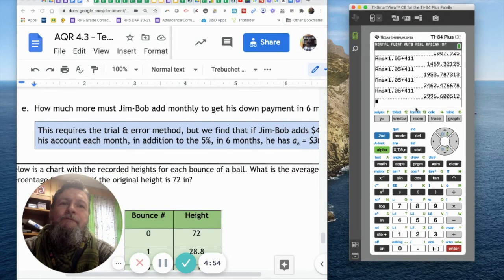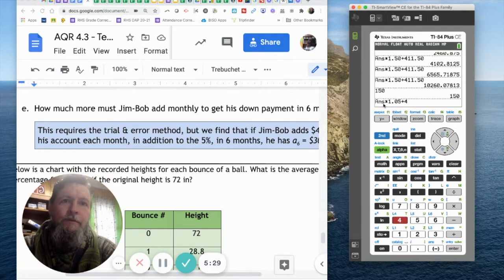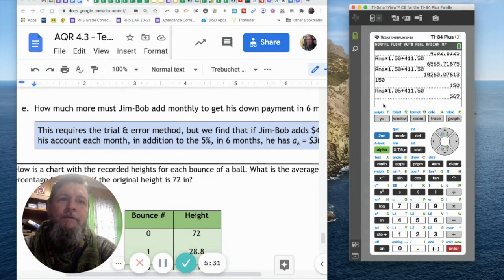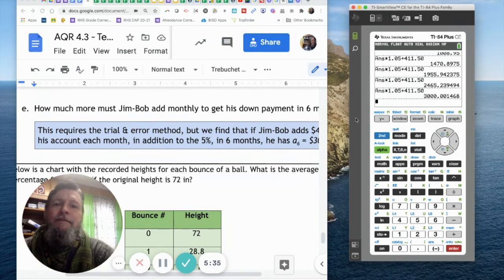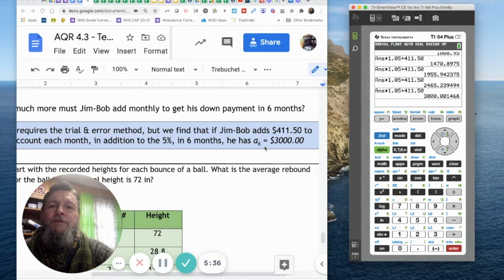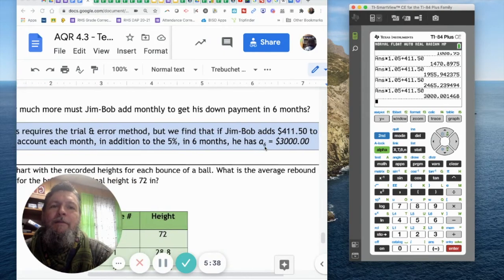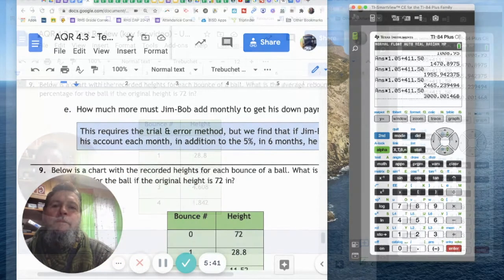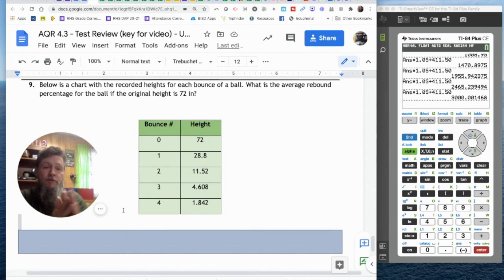Man, I'm under by $3.40. So I tried $411.50, which is exactly the answer, and we'll see how that works out. So that's $411.50. 1, 2, 3, 4, 5, 6. $3,000 exactly. So that's how you use the trial and error method, and that's how I got $3,000 as my answer. Okay?